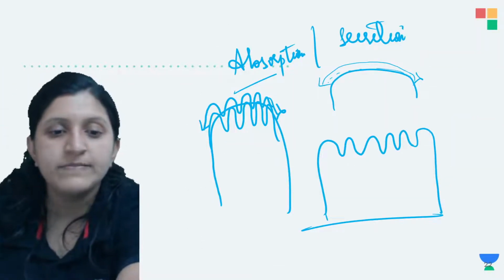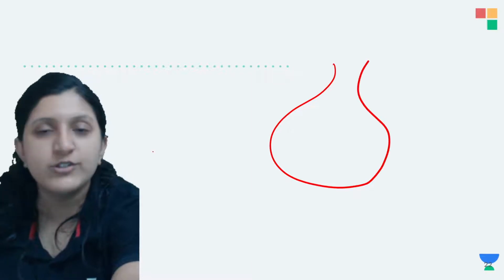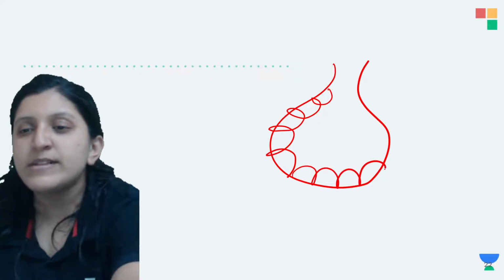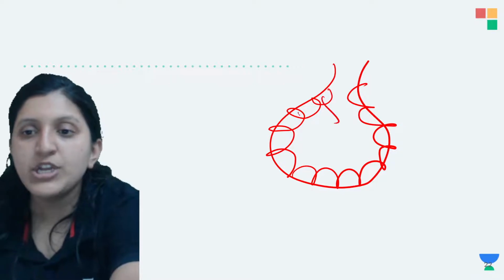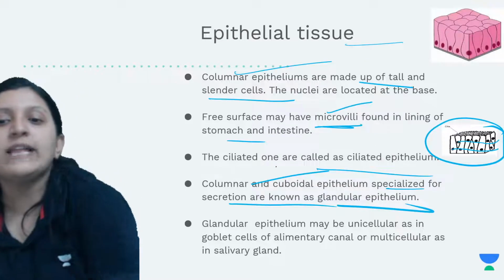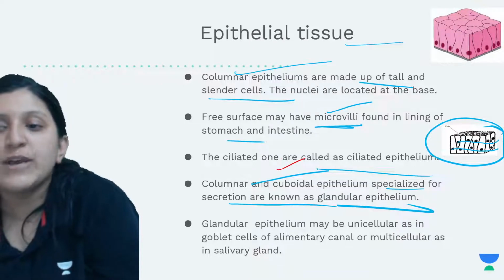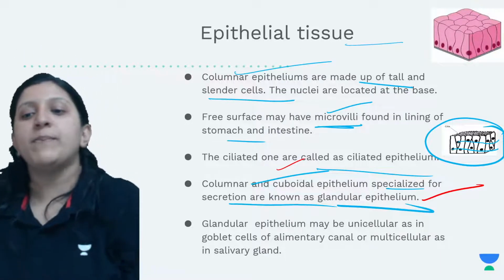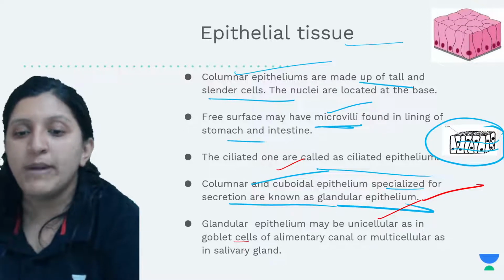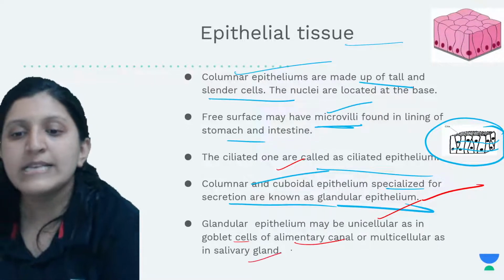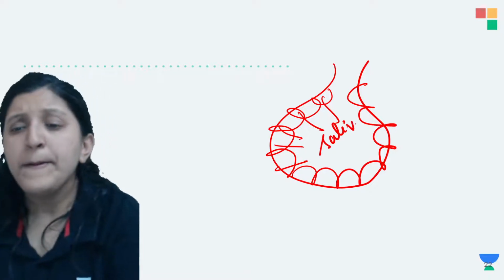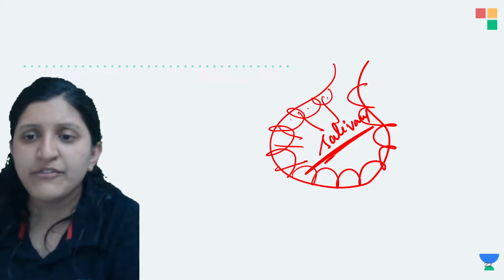Let's say here itself, this is a gland, a salivary gland. You can find multiple cells there, and these multiple cells do the function of secreting the enzyme. So the columnar and cuboidal epithelium specialized for secretion are known as glandular epithelium. Glandular epithelium may be unicellular, as in the goblet cell of the alimentary canal, or multicellular, as in a salivary gland. This one is multicellular because it is a salivary gland, so you can find multiple cells there.